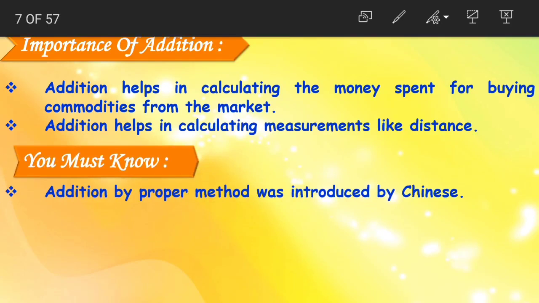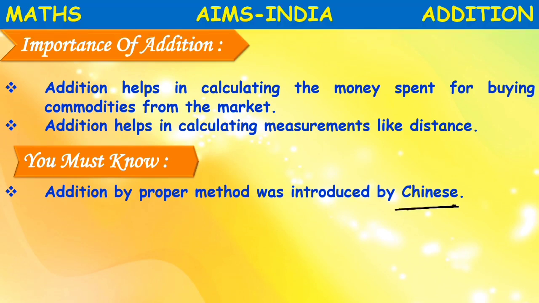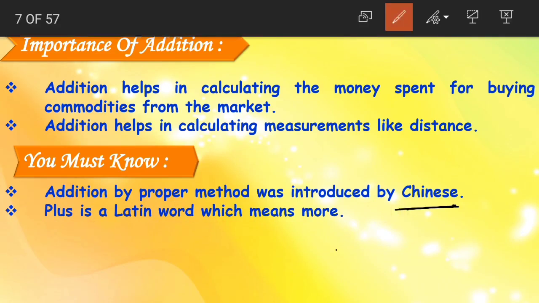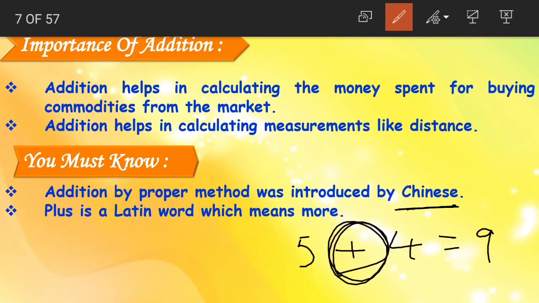You must know that addition by proper method was introduced by the Chinese people. Who first used additions? Chinese people introduced additions. Plus is a Latin word. We say 5 plus 4 is equal to 9. Now what does this plus mean?